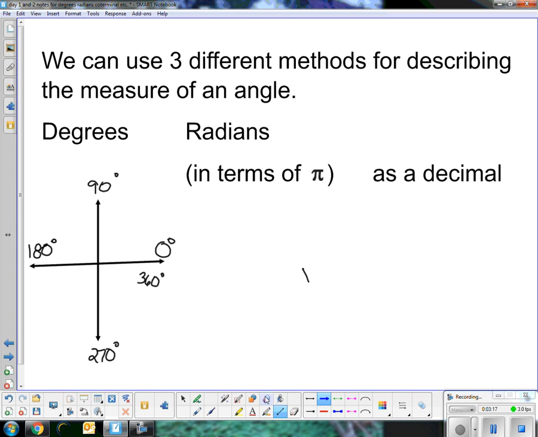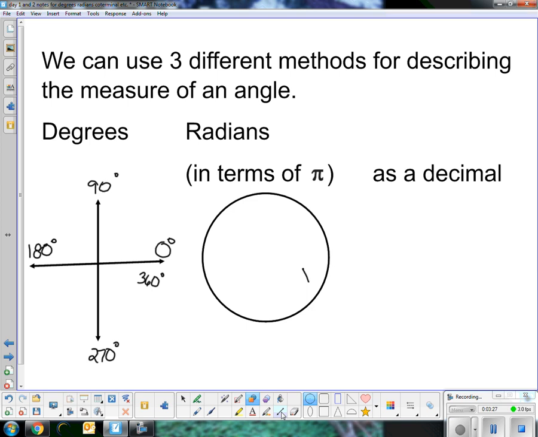If you were going to look at the distance all the way around the circle, then if you started at 0, and let's say the radius is 5, then if you complete a trip all the way around the circle, the distance around that circle would be 10 pi.